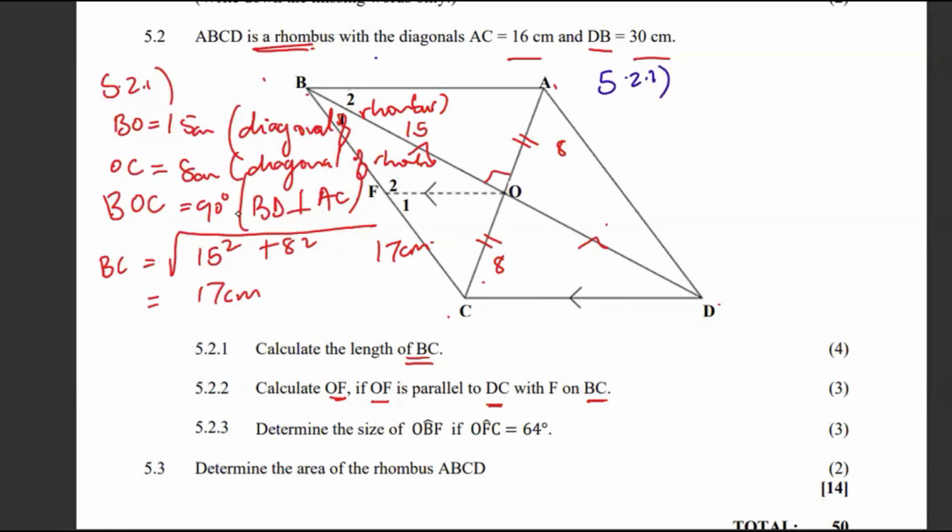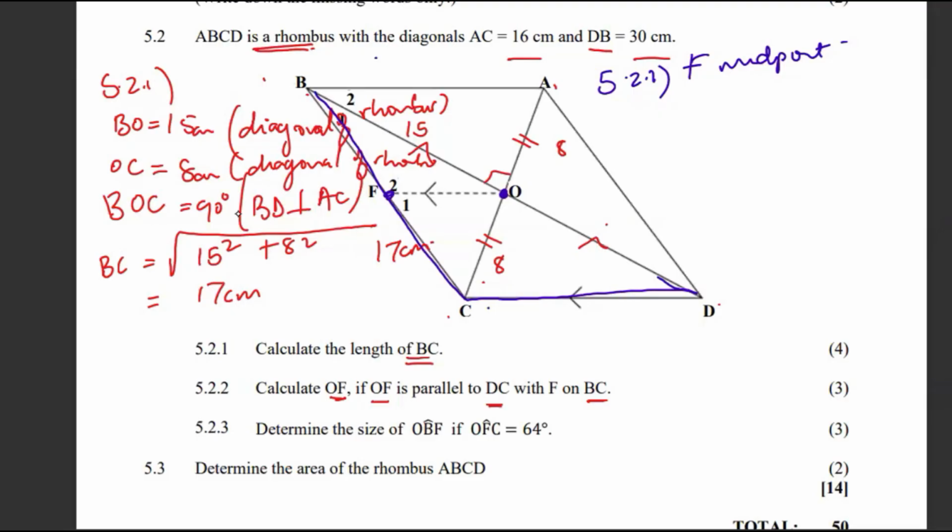So if this line is parallel to this one, and this one is already passing through the midpoint, let's say we're focusing on this triangle, BCD, it simply means that F is also a midpoint. So it's going to be a half of CD.